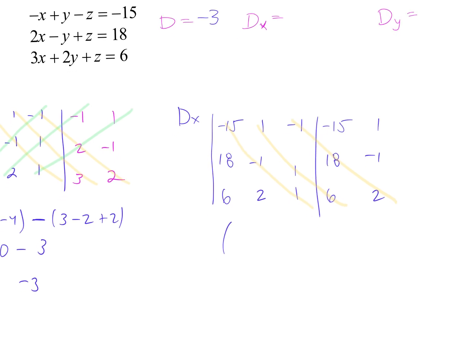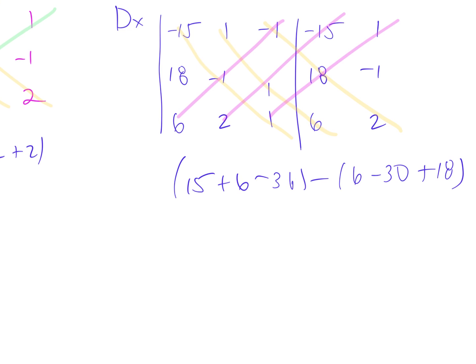All right, so negative 15, negative 1, and 1 is just 15. 1 times 6 is plus 6. 18 times 2 is 36, right? So negative 36, minus... here, here, here. Negative is positive, so this becomes 6 minus 30 plus 18.